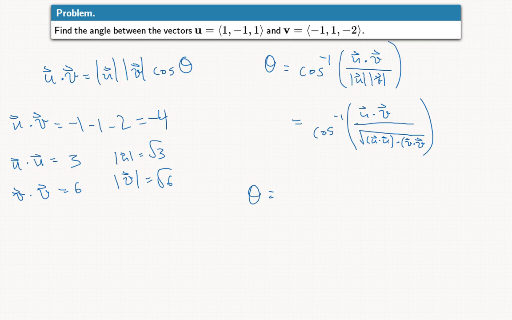So we get that theta is arc cos of -4 over root 18. And you can plug that into a calculator. This is approximately 2.80 radians, or approximately 160.53 degrees.